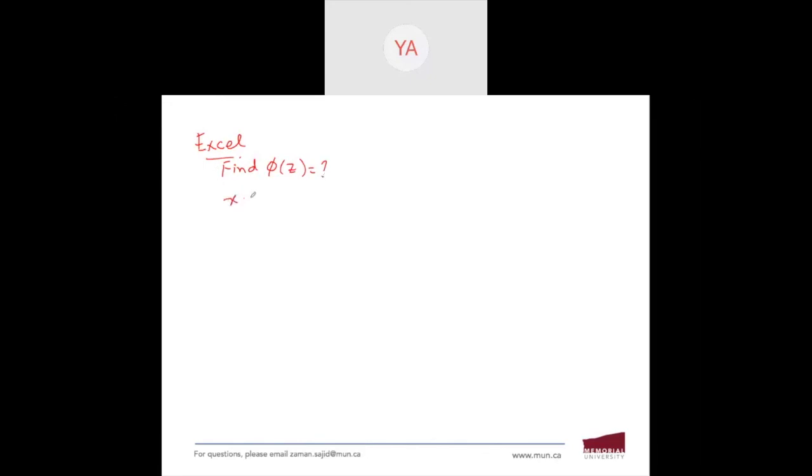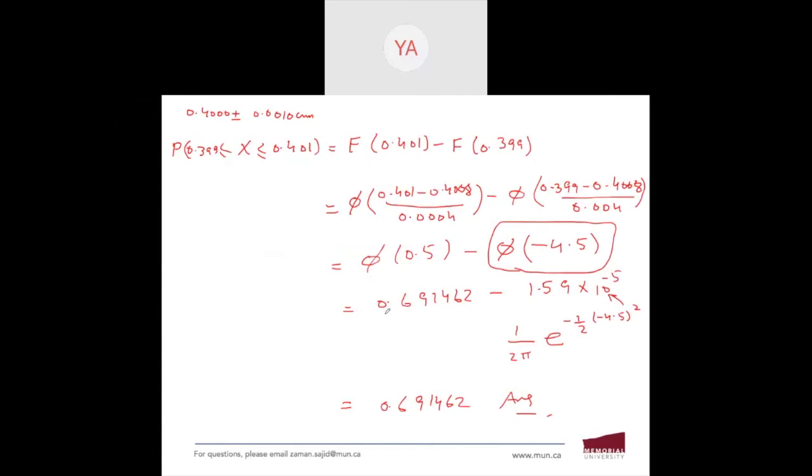In that example, X is 0.401, mu is 0.4008, and my sigma value is 0.0004. And from these, the probability I found was 0.691462. This is the probability that belongs to here.